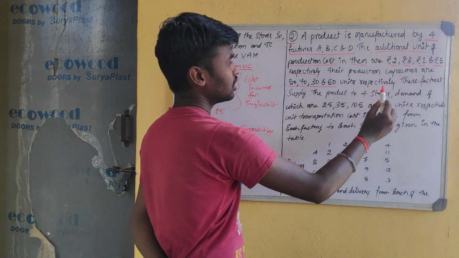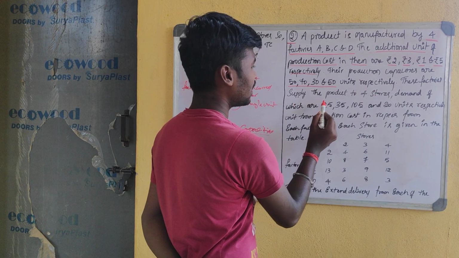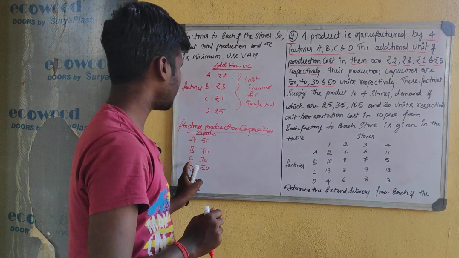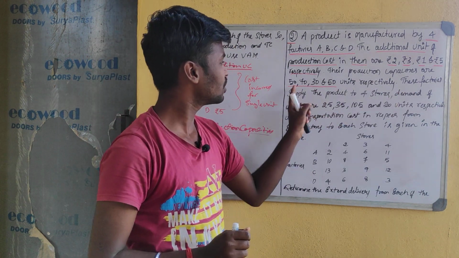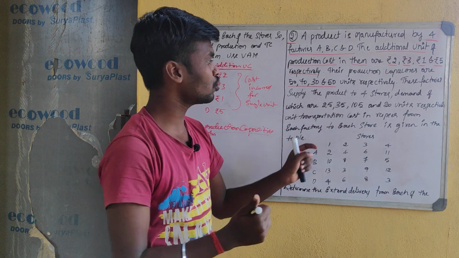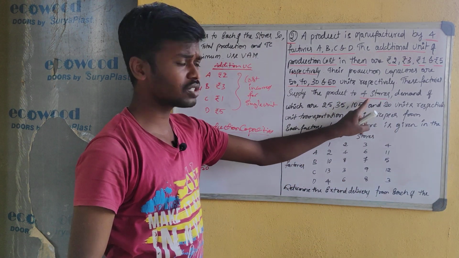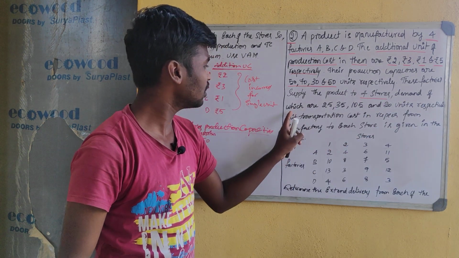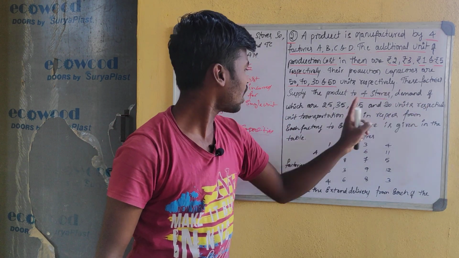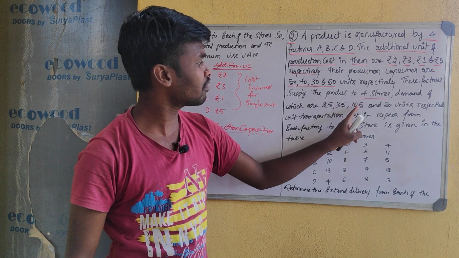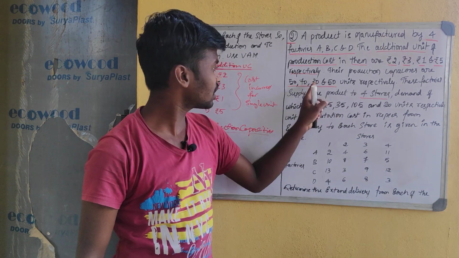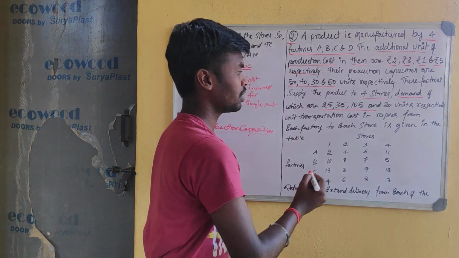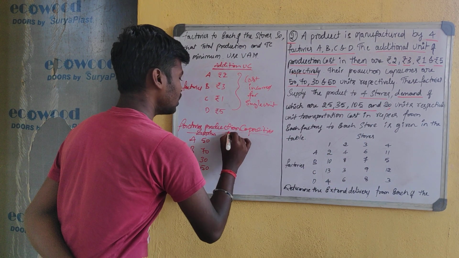Next, these factories supply the product to 4 stores. So factories A, B, C and D are going to supply these production capacities to 4 stores. Next, the demand of the stores is 25, 35, 105 and 20 units. So this is the supply information and this is the demand information.